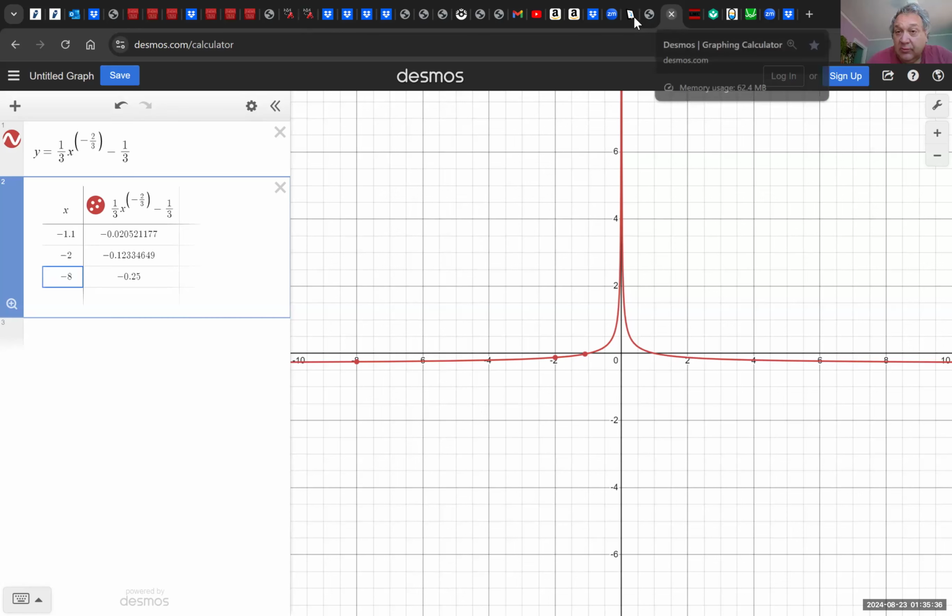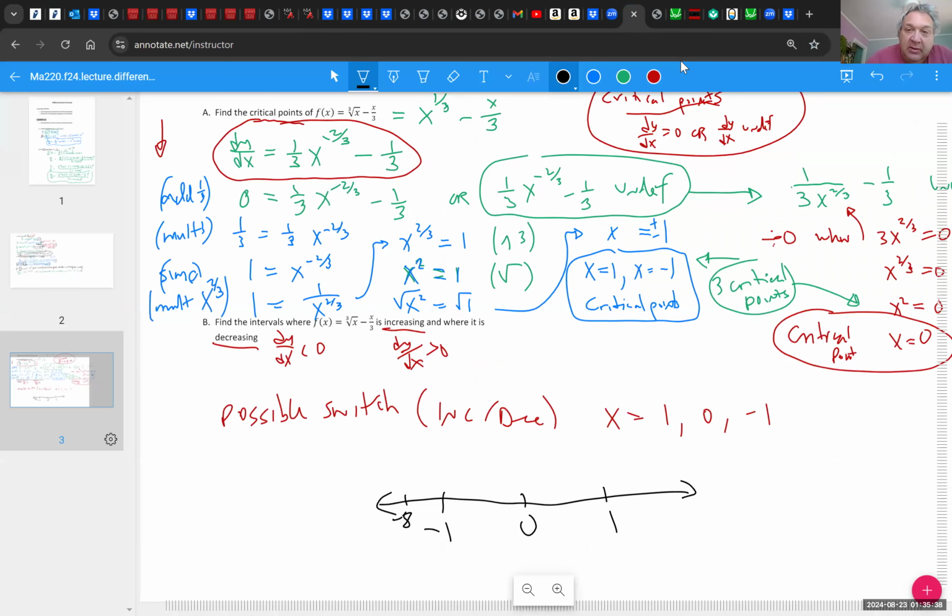So over here, we know that it's decreasing. So it has to decrease all the way up to -1. And at -1, the derivative could be 0 or undefined. In fact, we know the derivative is 0 at -1.